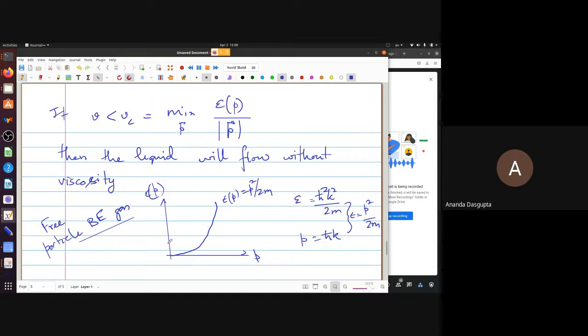Remember, I said that although London and Tisza had assumed that the superfluid part is actually a Bose-Einstein condensate, Landau was strongly against that. He was strongly against that for many reasons. One of them was the fact that the heat capacity divergence is not there in a Bose gas. It's a cusp, not a divergence, for a free particle Bose gas.